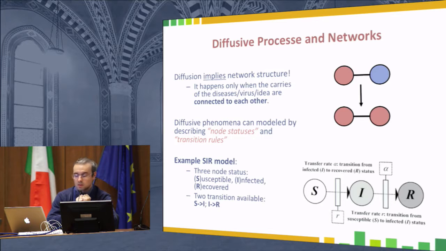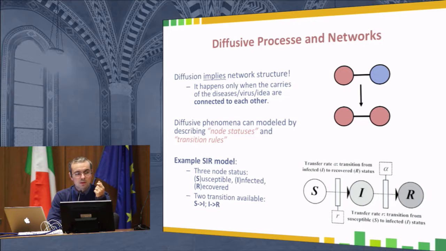As an example, take into account the SIR model. This is a very, very old model, one of the first compartmental models. In this model, we have 3 statuses, S, I, R. S stands for susceptible, I for infected, and R for removed.